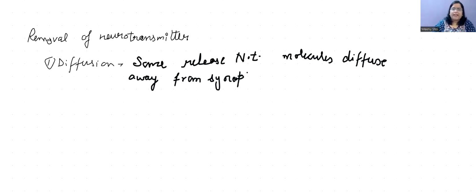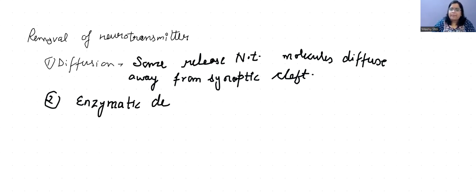Now the second mechanism is enzymatic degradation. What it means is that as the action potential proceeds towards the postsynaptic neuron, the neurotransmitter will degrade or be inactivated by a different enzyme.